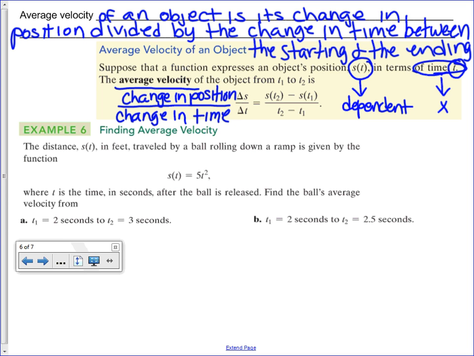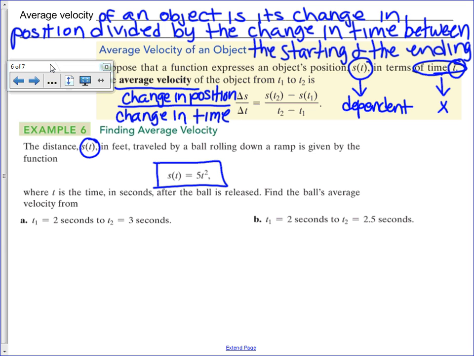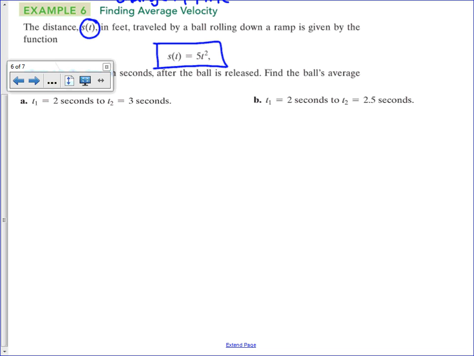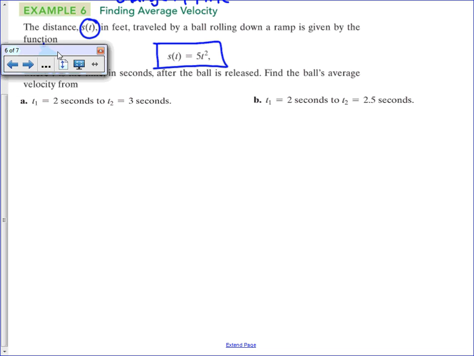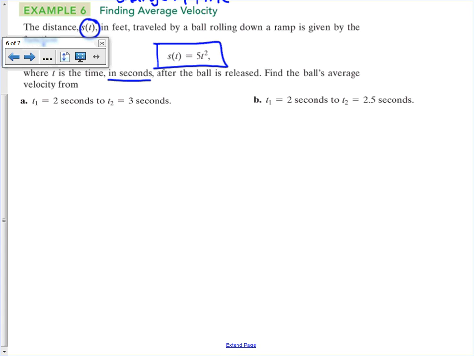So the distance, which is S of t in feet, traveled by a ball rolling down a ramp is given by the function S of t is equal to 5t squared, when t is the time in seconds after the ball is released.